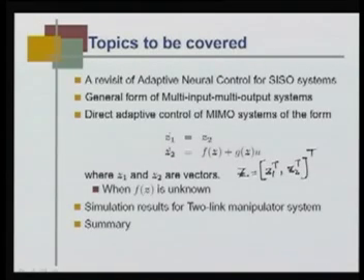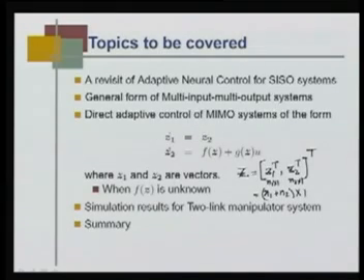So, if Z1 is an n1 dimensional vector and Z2 is an n2 dimensional vector, then Z is an n1 plus n2 dimensional vector.